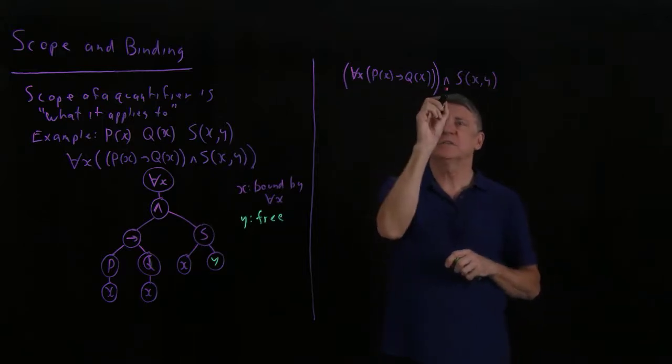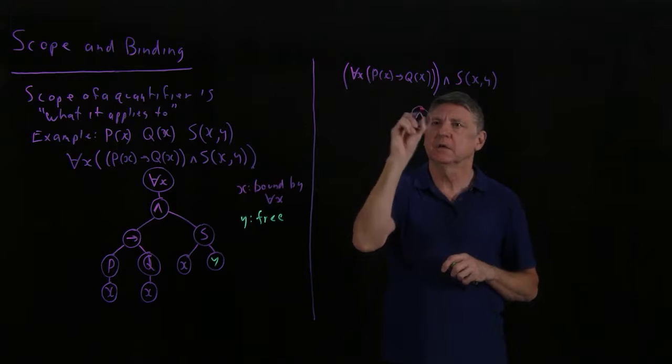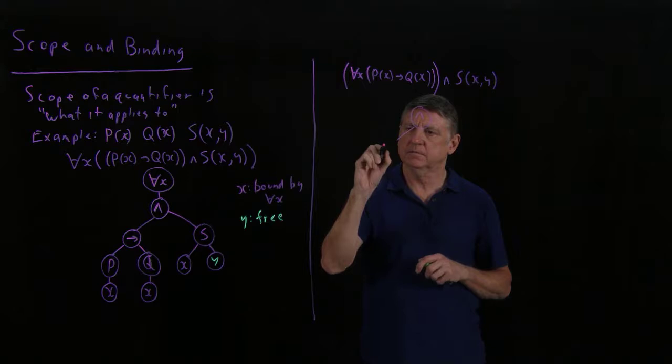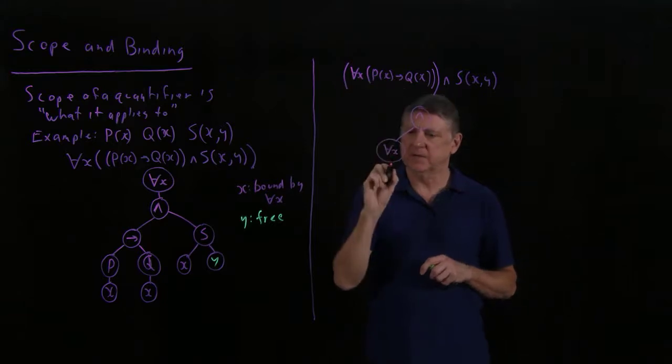When we do that, we see that the structure of this formula is a conjunction, and the left conjunct is a quantifier. Underneath that quantifier is an implication.